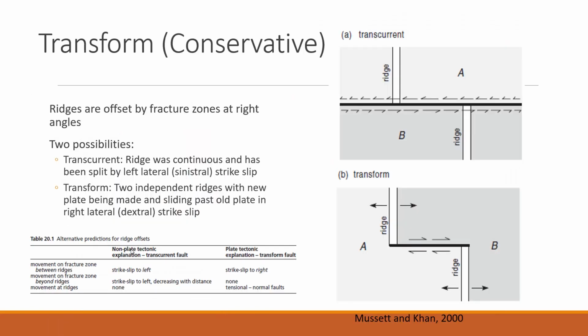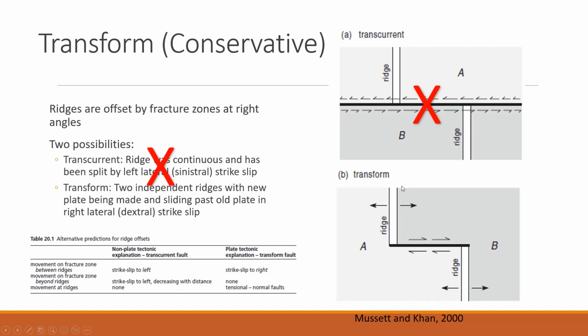This is a little bit more than I really need you to know, but again, this is kind of my jam. So there are different ways to look at how this ridge transform thing could work. One idea would be that the ridge used to be one continuous ridge and then it's been offset by later faults. Evidence doesn't support that.